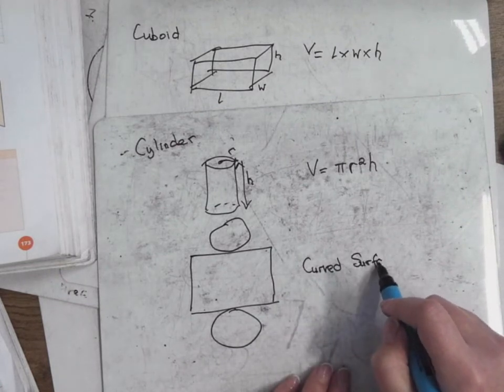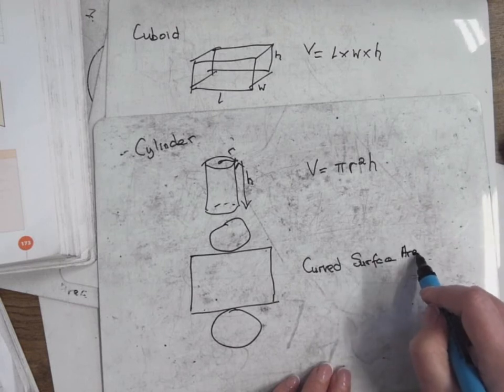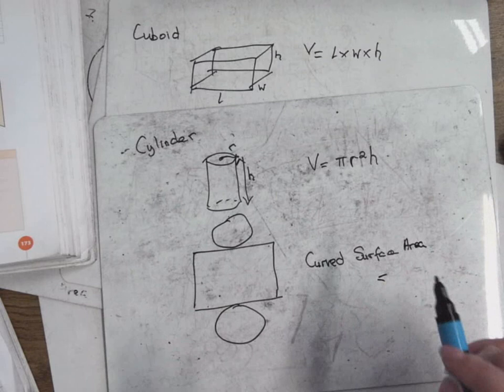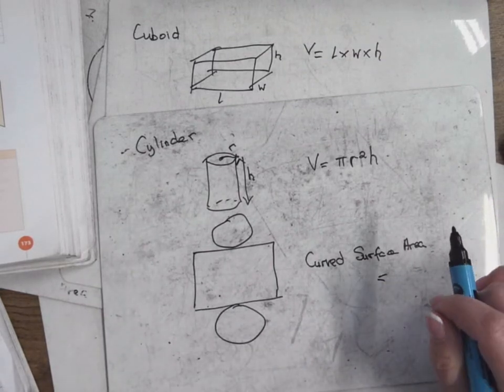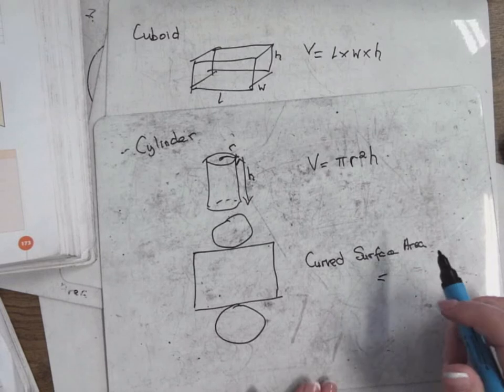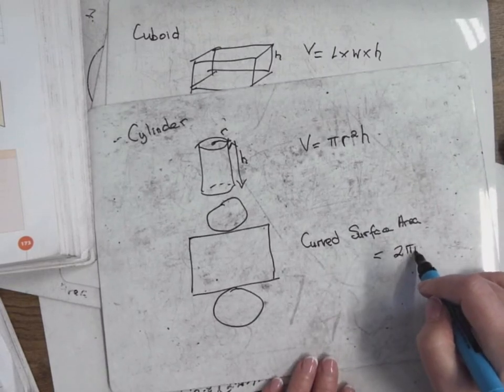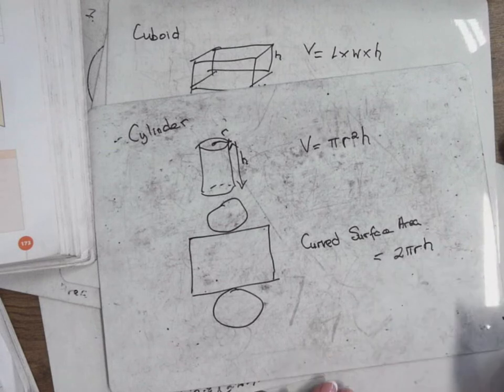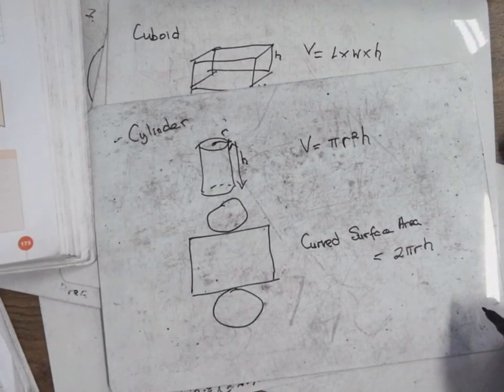So the curved surface area is which bit? Is it the rectangle or the circles? It's a rectangle, it's the bit that curves around, right, to make the tube at the center, right? And they tell you that it's in the log tables, it's 2 pi r h, okay? It's basically the circumference multiplied by the height, okay?